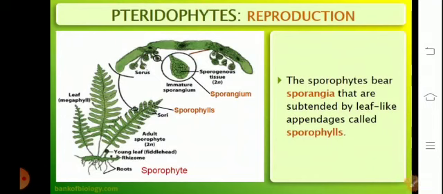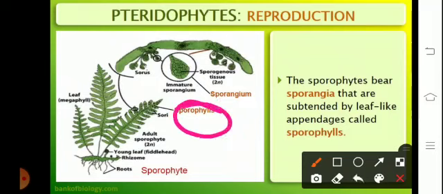The sporophylls are the leaves that bear sporangia on their abaxial surface. So the leaves that bear these sporangia are called sporophylls. In some pteridophytes, the sporophylls form a compact structure which is called strobili or cones.